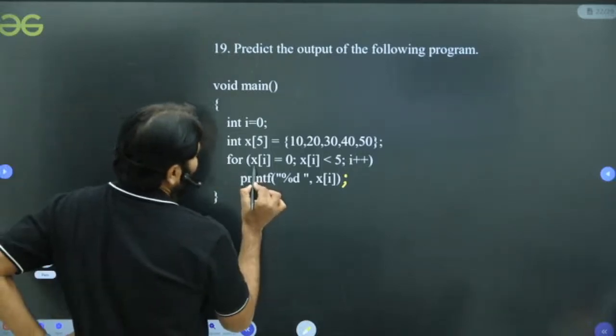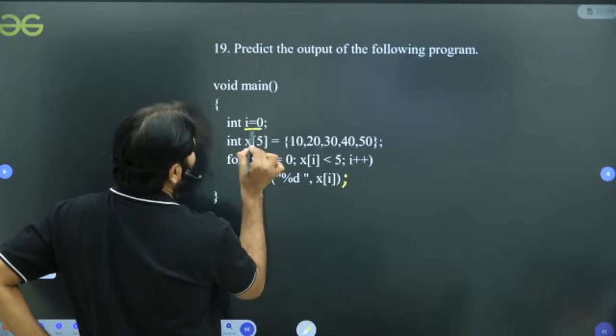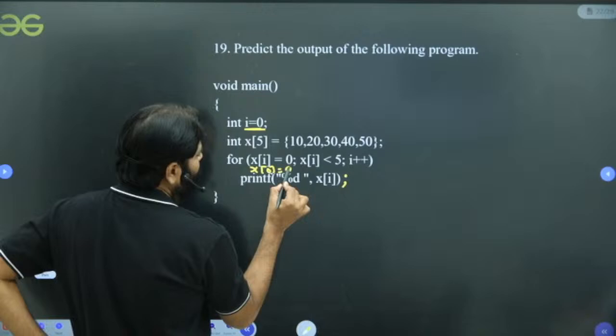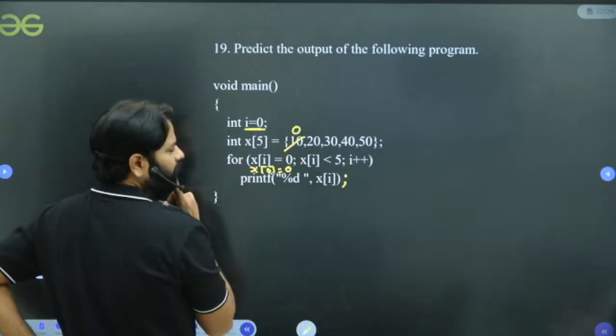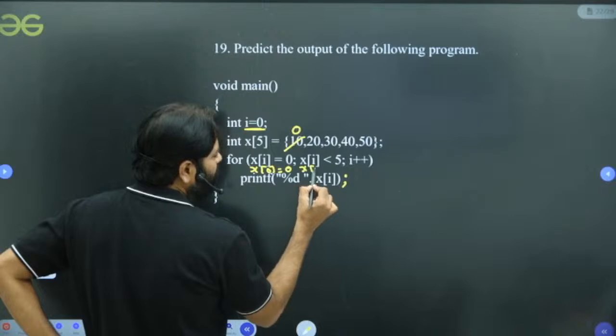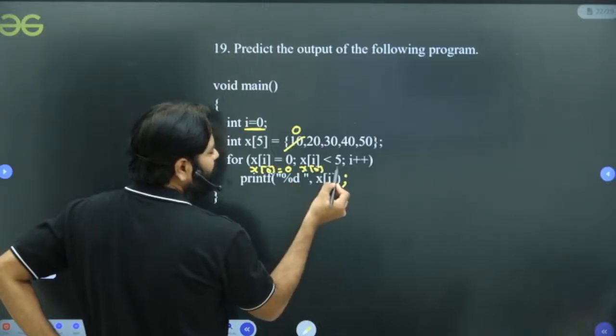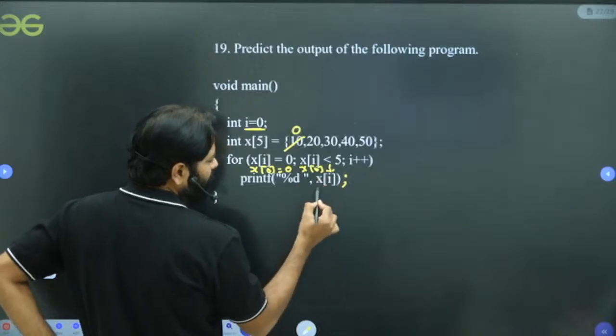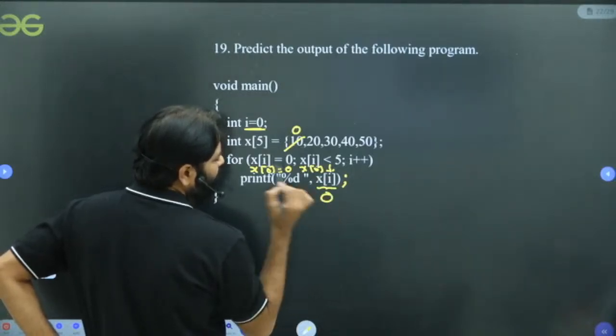When you do x of i is equal to 0, i initially is 0, right? So now x of 0 equals 0, and 0 less than 5 is true. You will enter inside, and x of 0 is 0. It will print 0.